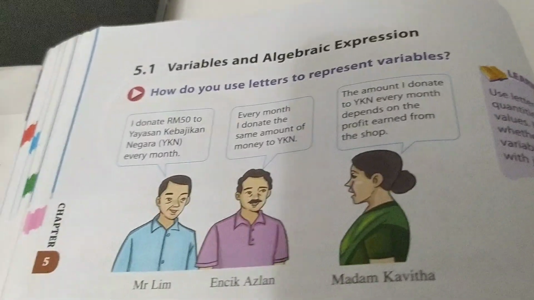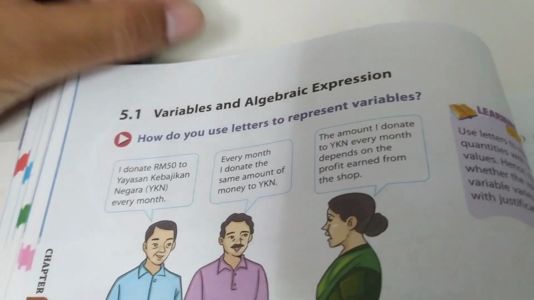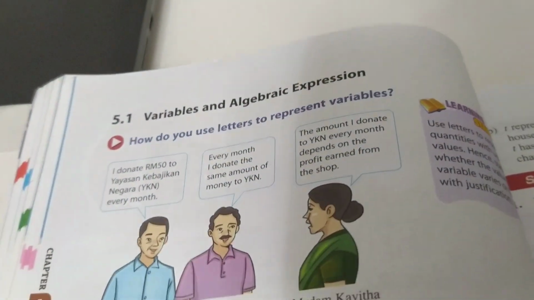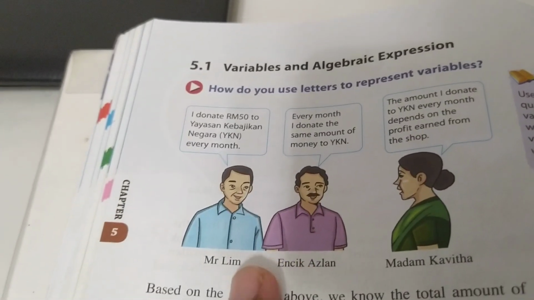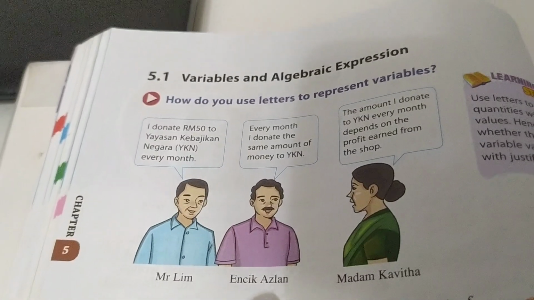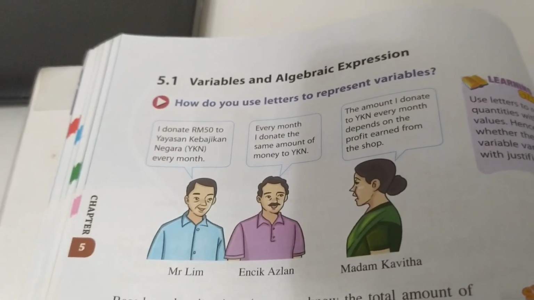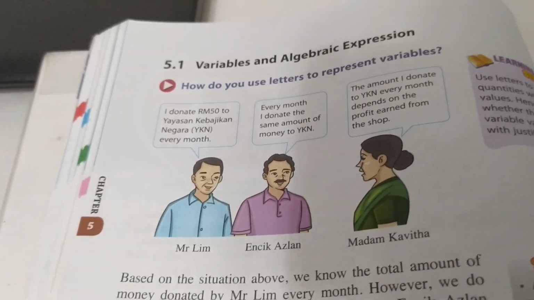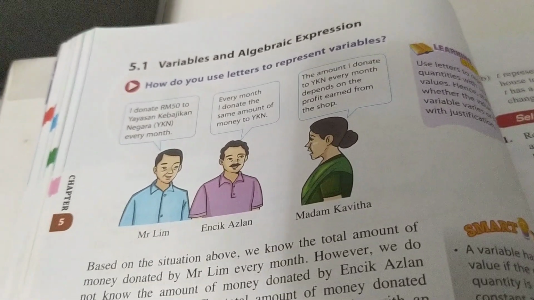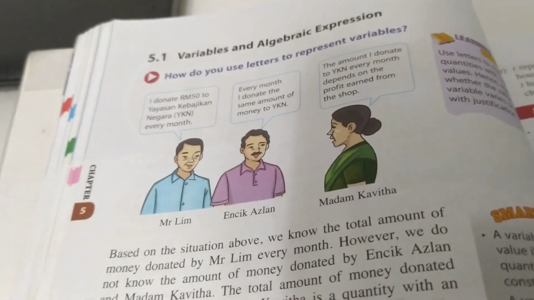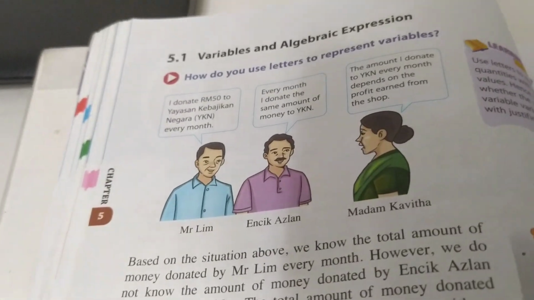So first, how do you use letters to represent variables? Please look at this conversation between three persons here, Mr. Lim, Encik Azlan, and Madam Kawita. Based on the situation above, we know the total amount of money donated by Mr. Lim every month is stated there, which is RM50.